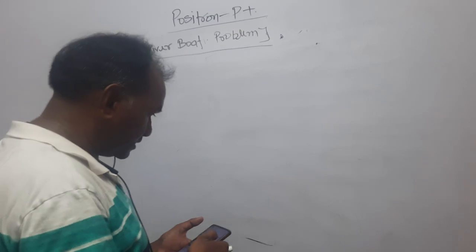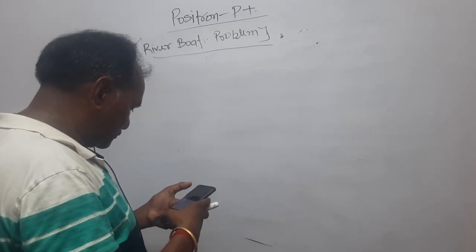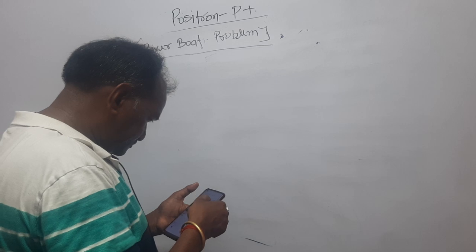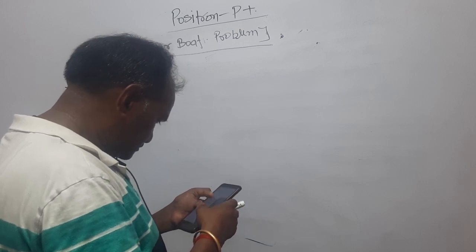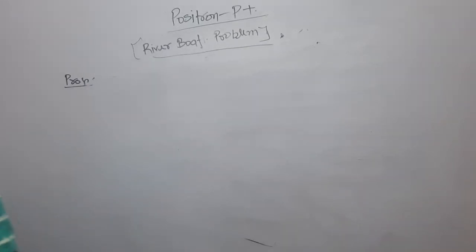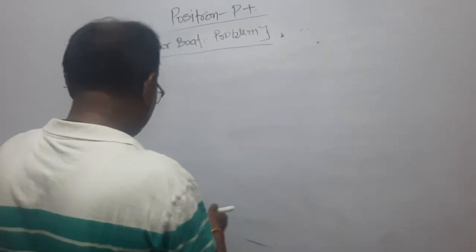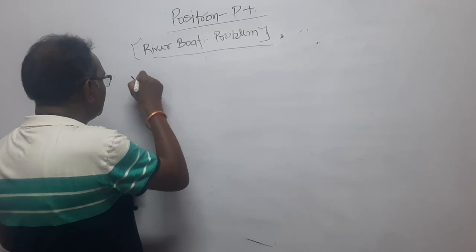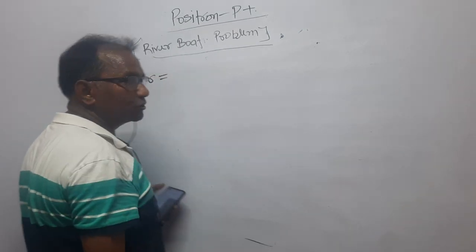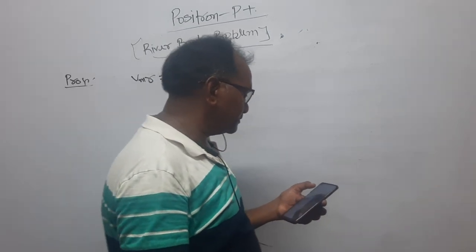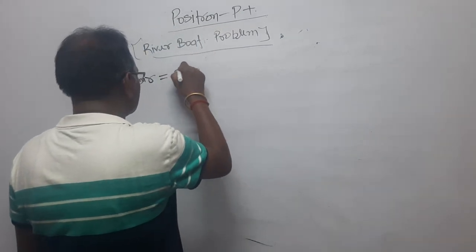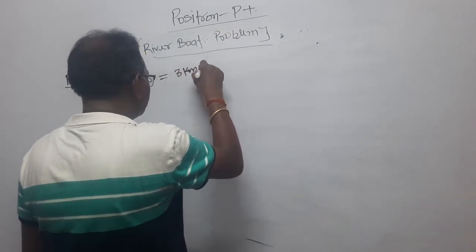Again I'm taking the problem I have considered from S.C. Verma's book. The problem is, a man can swim, in short I am writing, a man can swim in still water with a velocity of 3 km per hour.